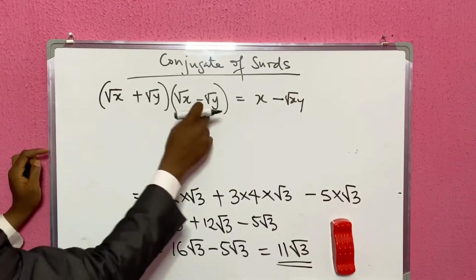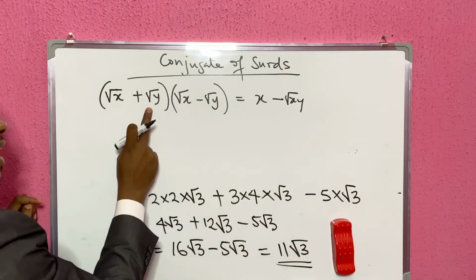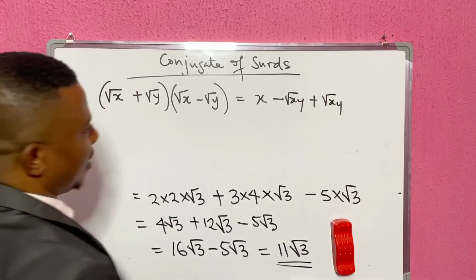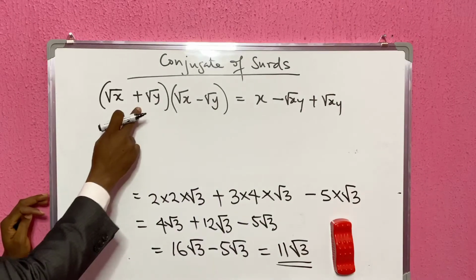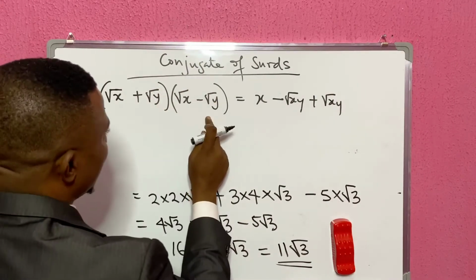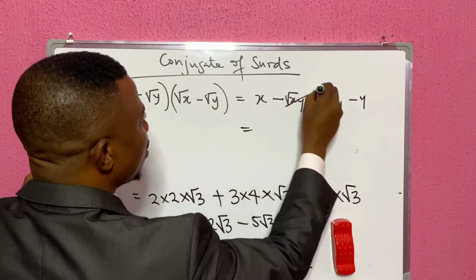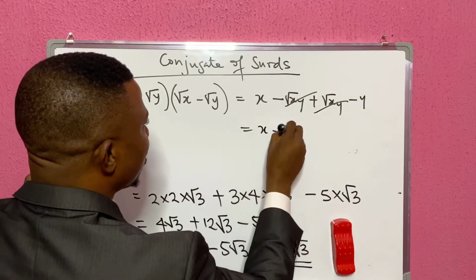This times minus, then plus surd y times surd x gives us plus xy, and plus surd y times minus surd y will give us minus y. So this will cancel this, giving you x minus y.